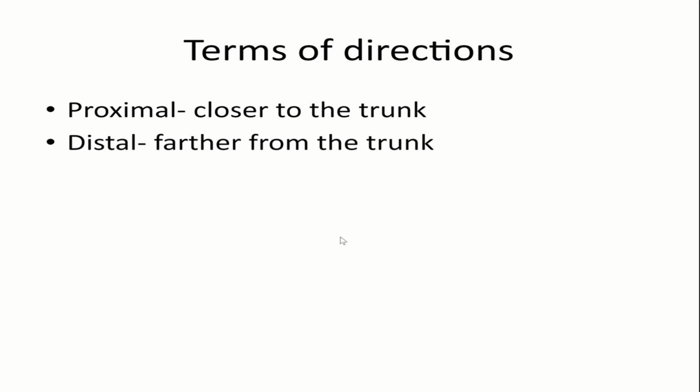Proximal is where we are closer to that axial portion, closer to the trunk of the body, the torso and the skull. Distal is further away from the trunk. These are terms that you really only exclusively use on appendages, on limbs. So you would really only use these when you were talking about a leg or an arm.